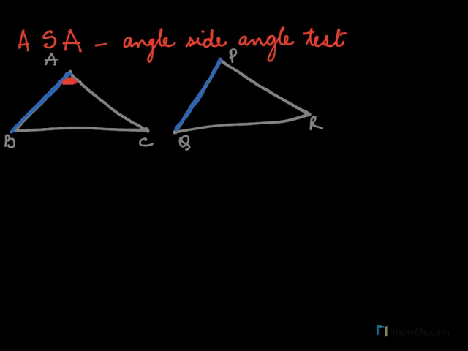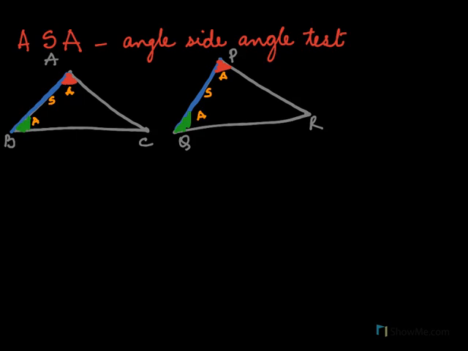So I can see this angle equal to this angle, and then we have this angle should be equal to this angle. So that's how I have the word ASA, angle side angle equal to angle side angle. Remember, the side should be included.